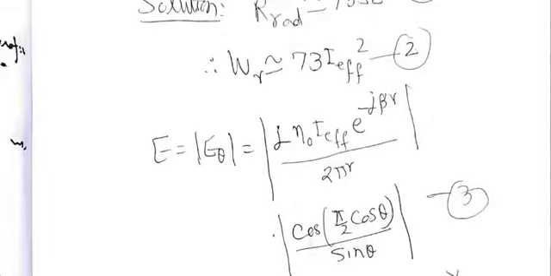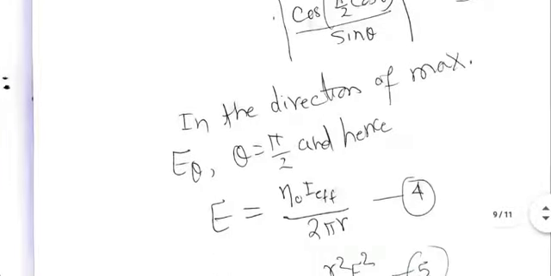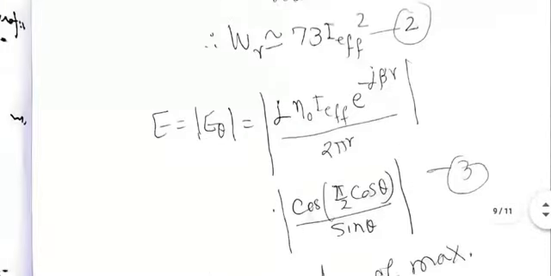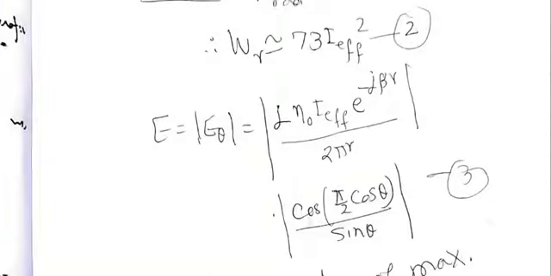So if I put theta equal to pi by 2, I simply get E equal to eta naught I effective divided by 2 pi r. J goes out because we are taking magnitude. E to the power minus j beta r goes out because of taking only magnitudes.